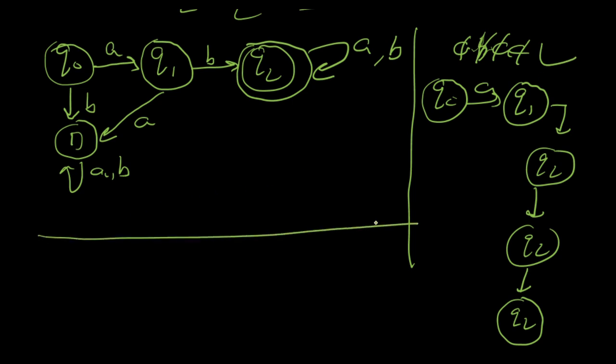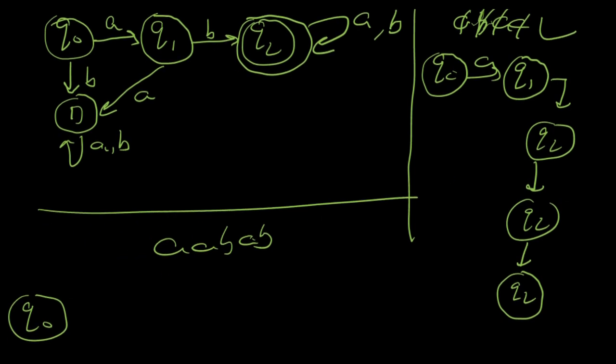Now let's see some other examples. Suppose we have AABAB. Let's check it out. We start with the initial state Q0. At Q0, if we get A, we move to state Q1. At Q1, again we get A, and where do we go?